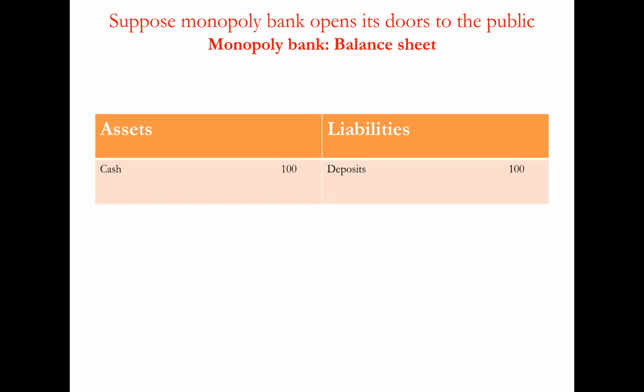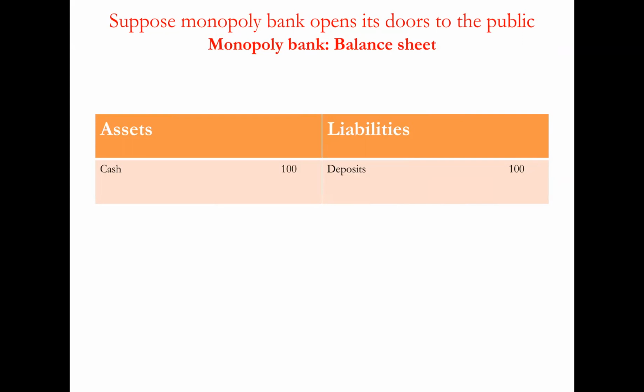Whenever you make a deposit, it is a liability to the bank. Why is it a liability? That deposit does not belong to the bank. It belongs to the owner. It is not for the bank. So that's why it sits on the liability column of the cash account of the bank.